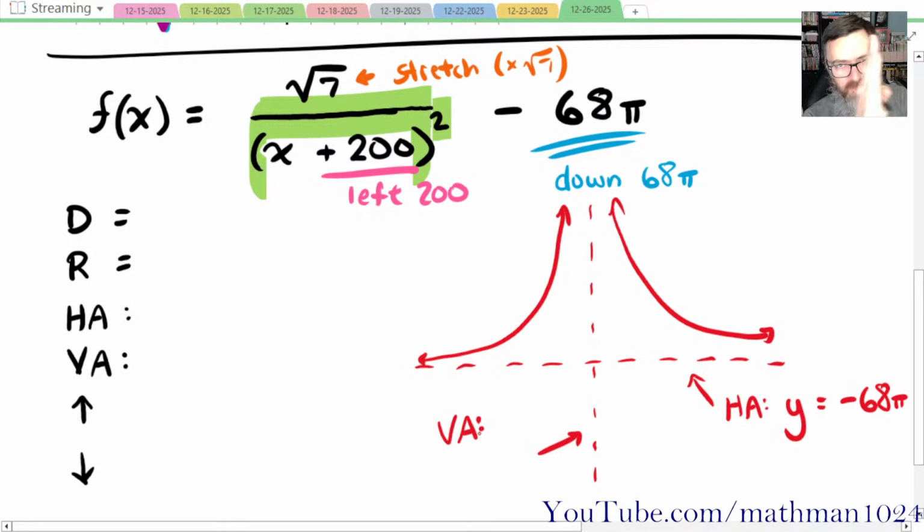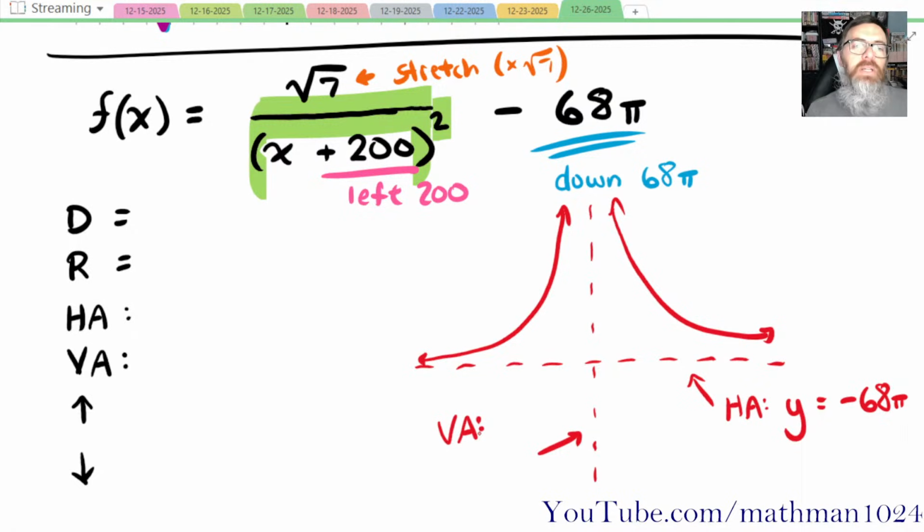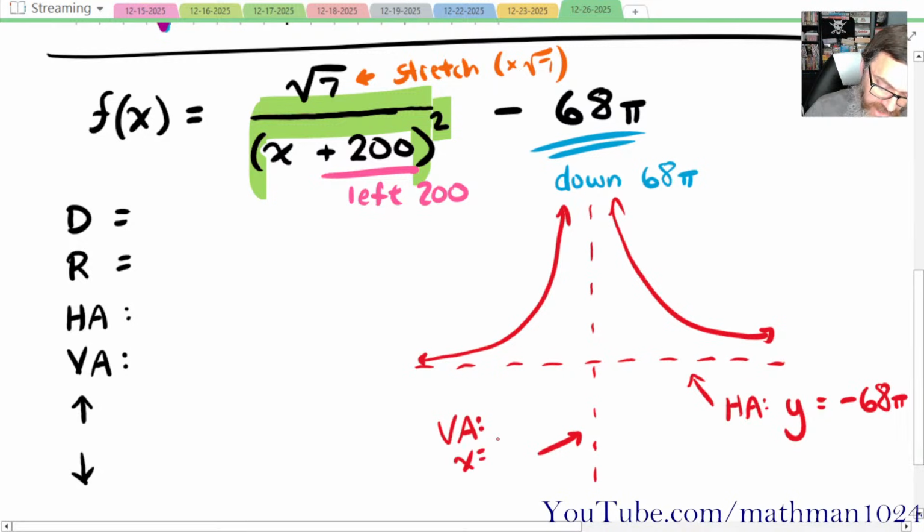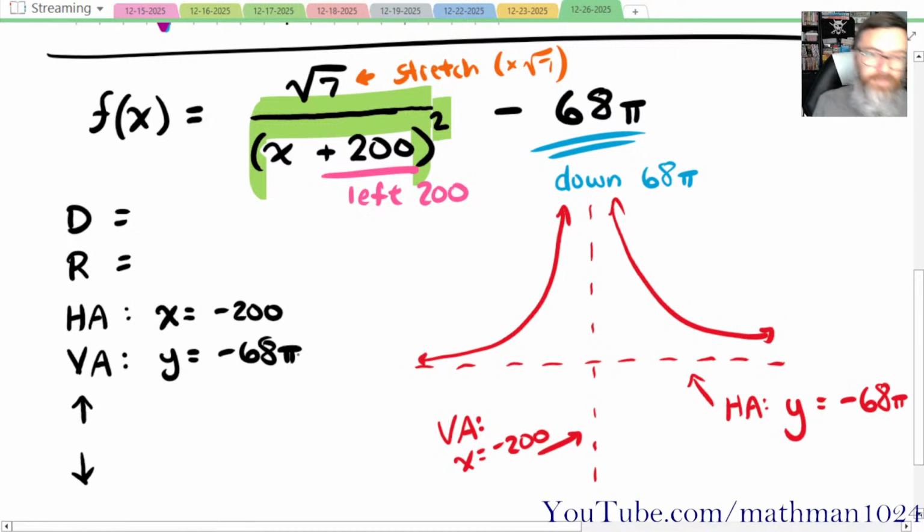I shifted everything to the left 200 units. So that's going to put this at x equals negative 200. All right, so let's write that down. Horizontal asymptote, x equals negative 200. Vertical asymptote, y equals negative 68 pi.